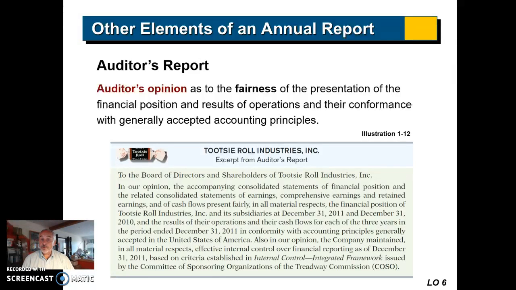First, they address the board of directors and the shareholders, so everyone who's interested in Tootsie Roll ownership or management is addressed.